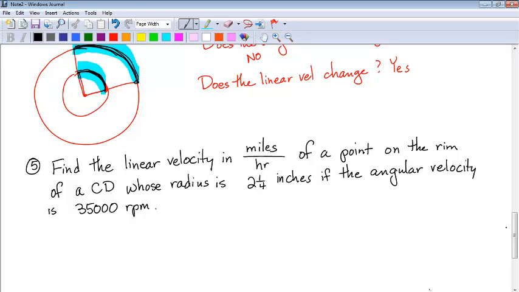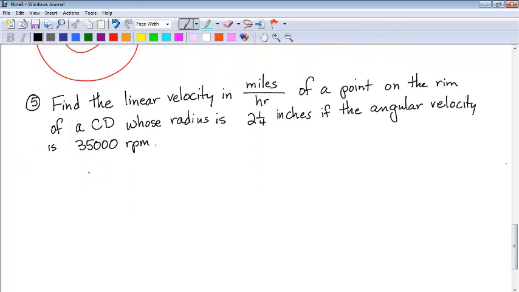We're finding linear velocity, so the formula is V equals R times omega. The R, 2 1/4, change that. That would be 9/4, so it would be 9 inches per 4 radians. You could actually put 9/4 on top and 1 on the bottom.